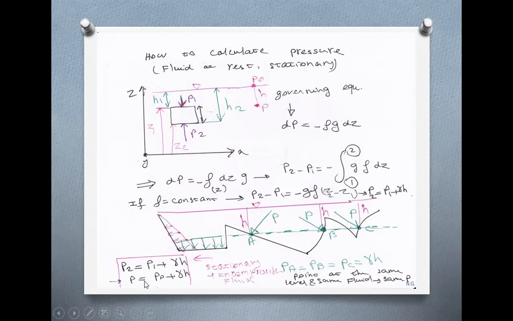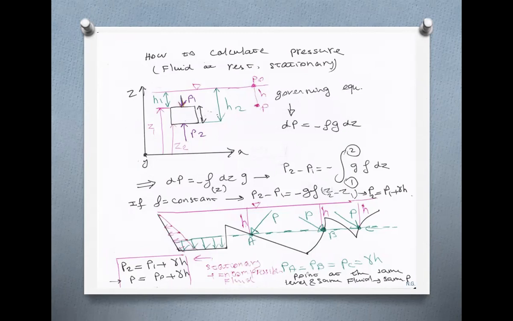But if you want to express it in terms of gauge, then you say, I know the pressure of atmosphere on top of it is not zero, but I use it as a reference. When you use the pressure of atmosphere as a reference, you set it equal to zero and you measure the pressure of everything relative to the pressure of atmosphere.